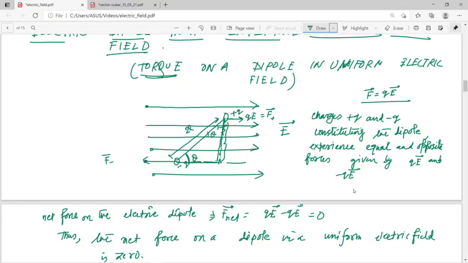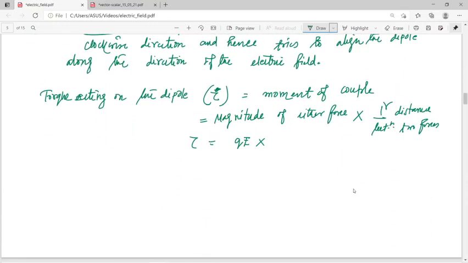If we write sine theta, then this can be written as 2l sin theta. So the perpendicular distance is 2l sin theta, and we know 2ql is nothing but p, so we can write pE sin theta, that is the magnitude of the torque. And if you write in vectorial notation, it should be p cross E.